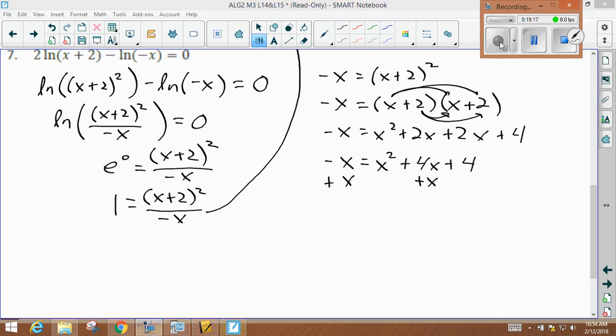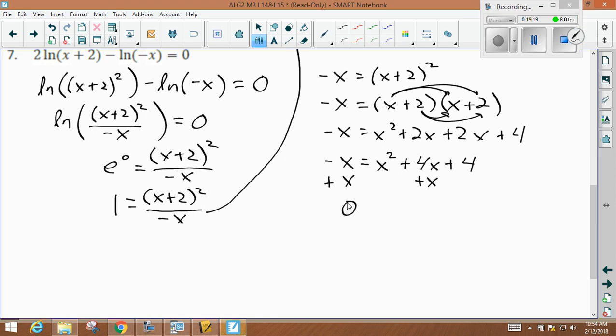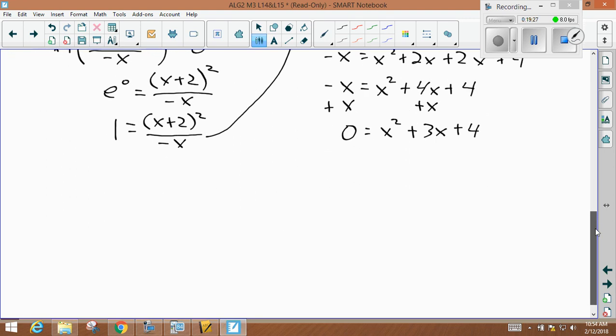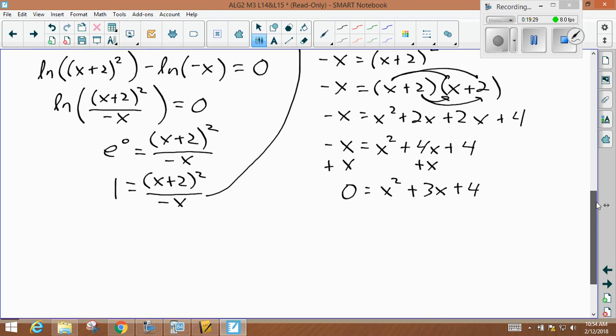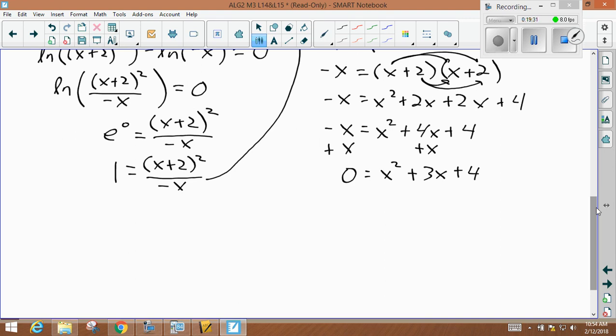Alright, so then now I have 0 is equal to x squared plus 3x plus 4. And hey, we're back to all that wonderful stuff we learned in first semester and that you have learned in Algebra 1, let's be honest. Or you should have.